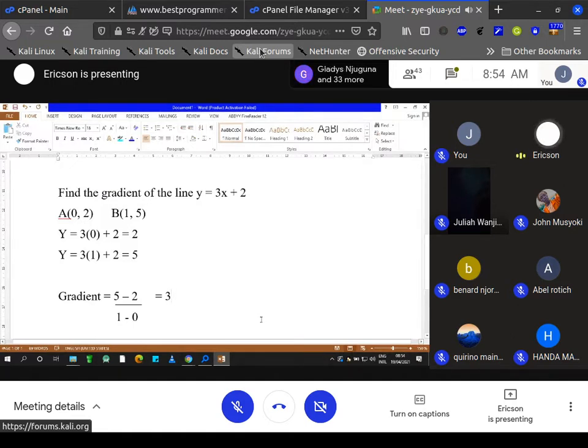For classes 1A4 and 1A5, take note of the deadlines. Maybe it won't be marked, or it will be penalized if marked. Take note of the deadlines.